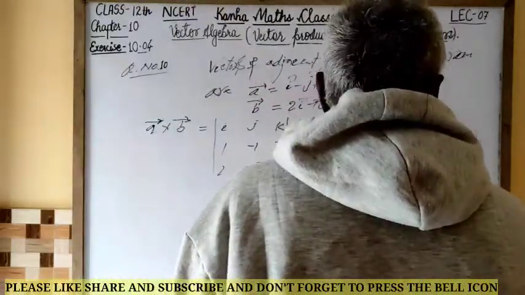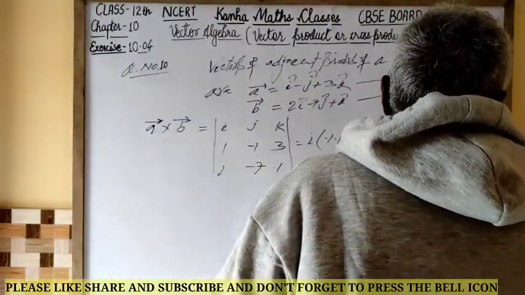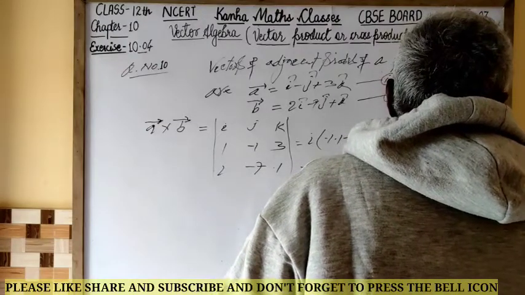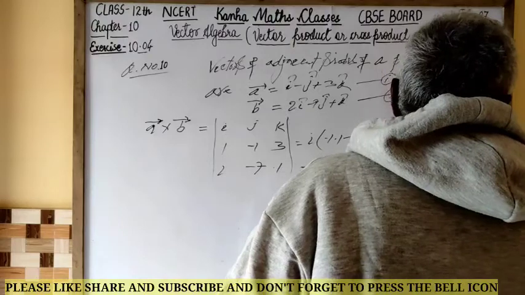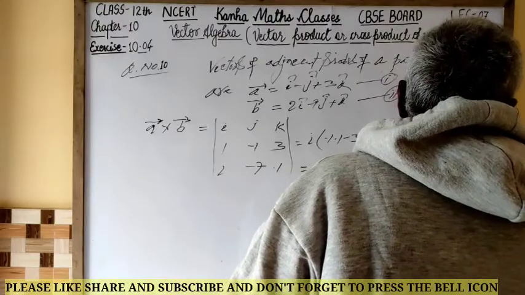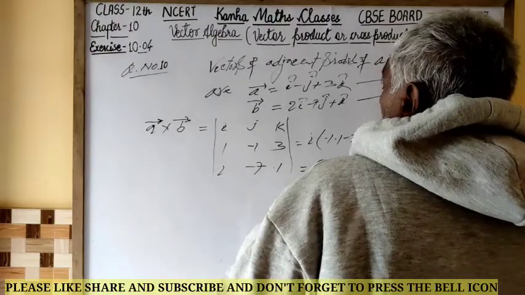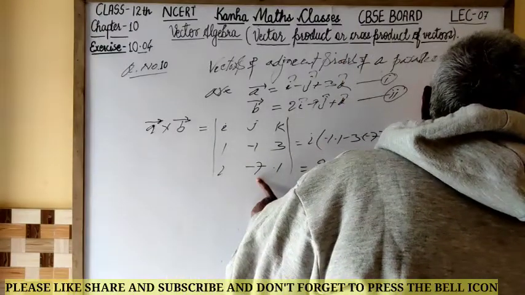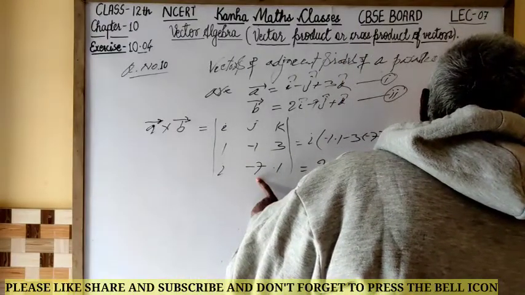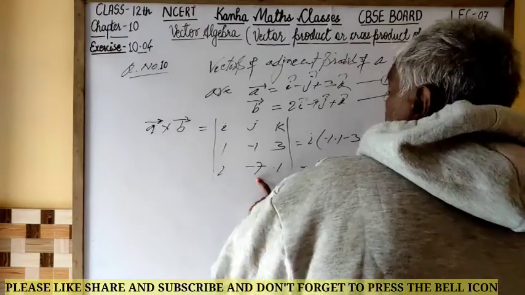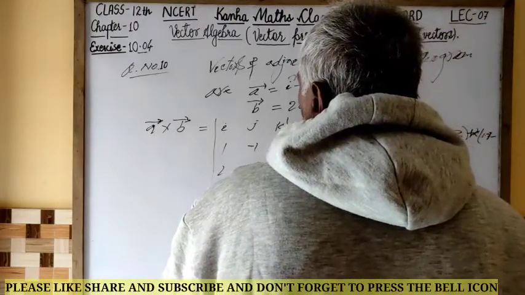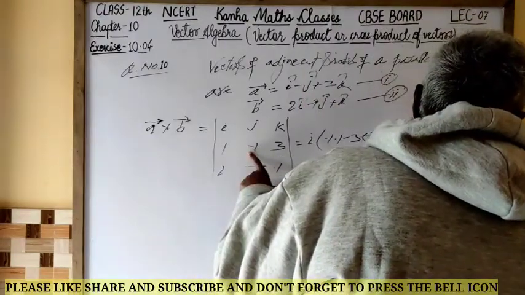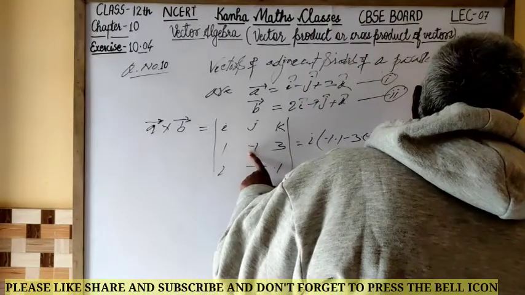And here we have left k, 1 into minus 7 minus 2 into minus 1.